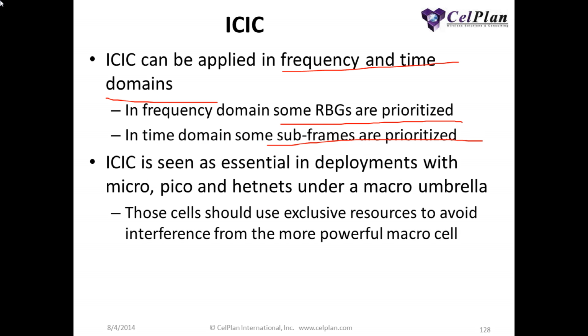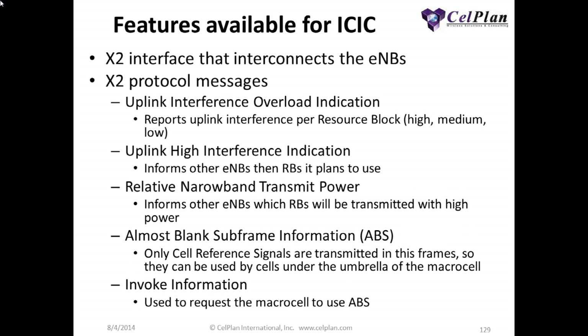It is important when you use micro, pico, and HetNets under a macro umbrella. It uses the X2 interface, and basically the 3GPP provides some help to ICIC, some reports. One is the uplink interference overload indication.